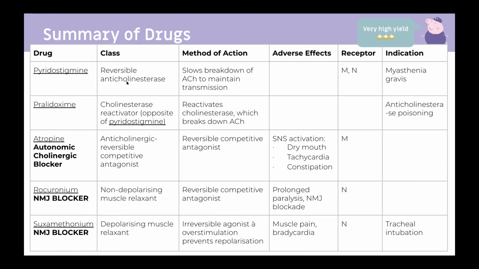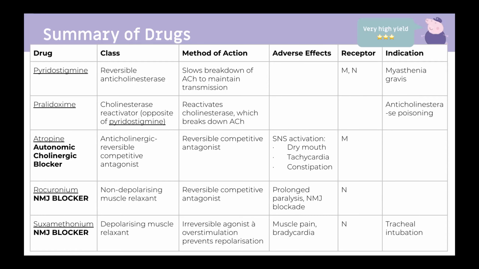So if we break down anticholinesterase: cholinesterase, remember, was the enzyme that breaks down ACH. And this drug is an anticholinesterase, which means that it inhibits the enzyme that breaks down ACH. So if you've got a drug that is inhibiting the enzyme that breaks down ACH, then there's going to be more ACH, right?